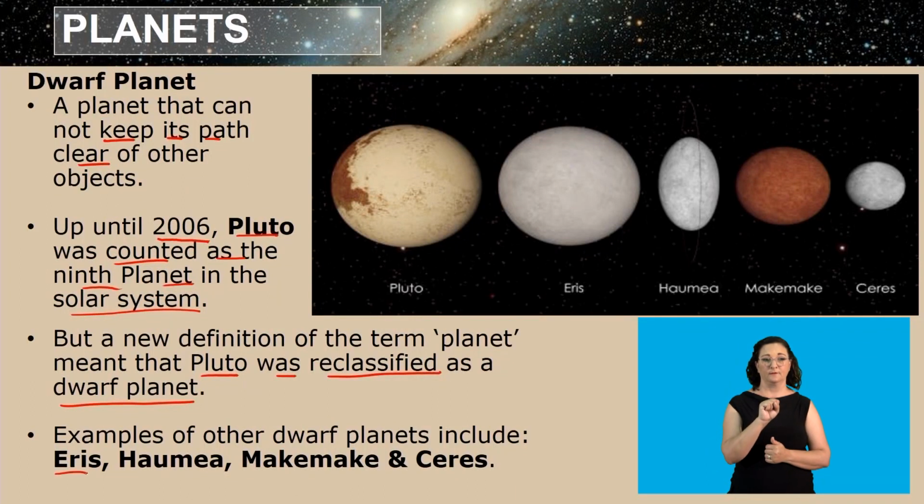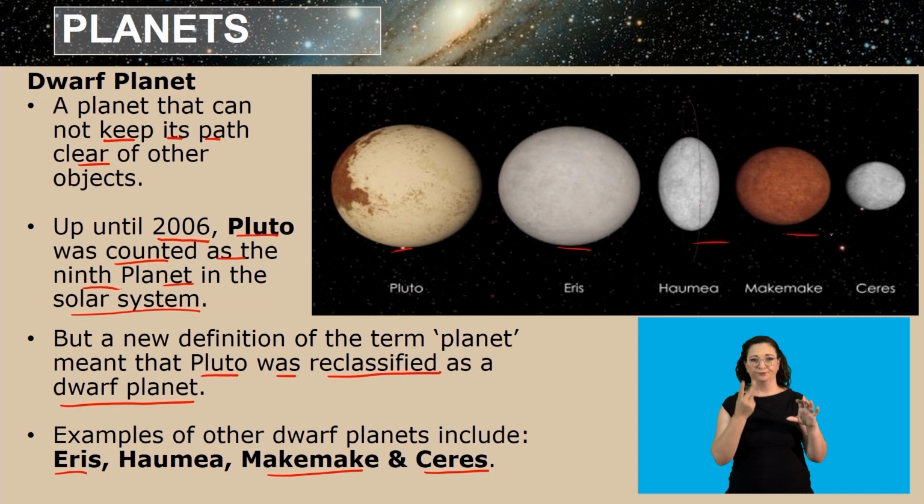And examples of other dwarf planets include Eris, Haumea, Makemake, and Ceres. If you look at the picture here, they show exactly how they look and how big and what colors they have, right? Guys, we are done talking about planets.